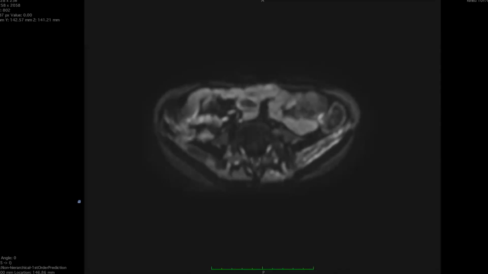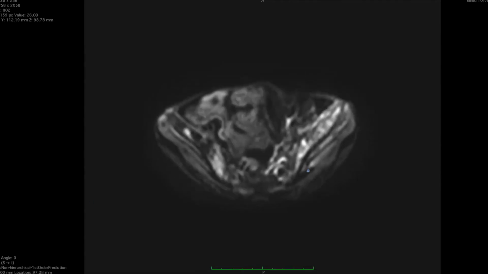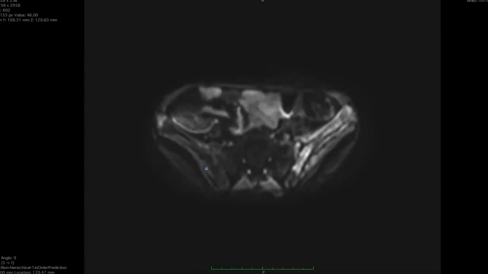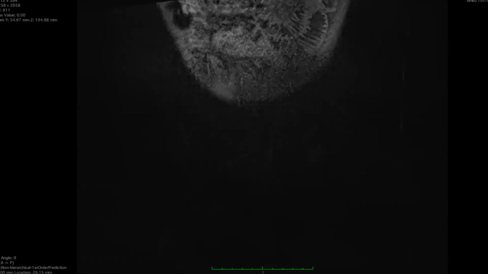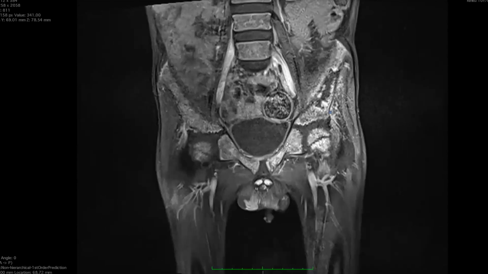On the diffusion weighted image, there are some preferential hyperintense areas in the iliac bone. Now, these similar areas show no enhancement on the post contrast T1 images. So you said that this represents areas of bone infarct, but bone infarcts do not show diffusion restriction.